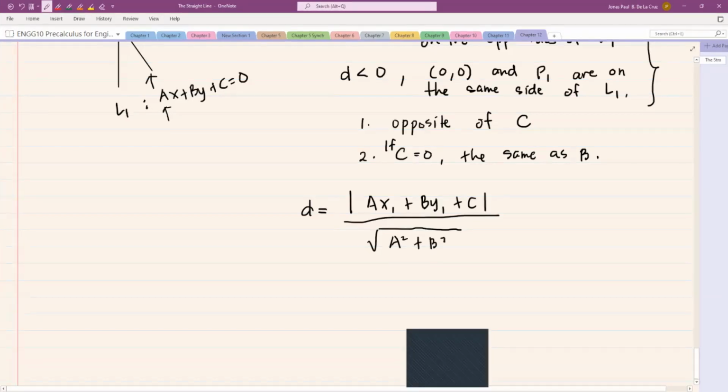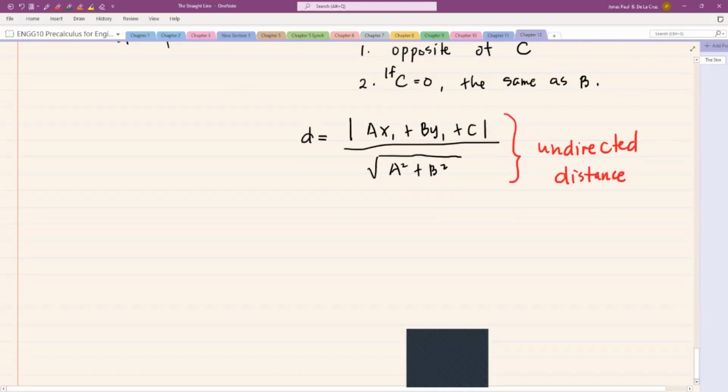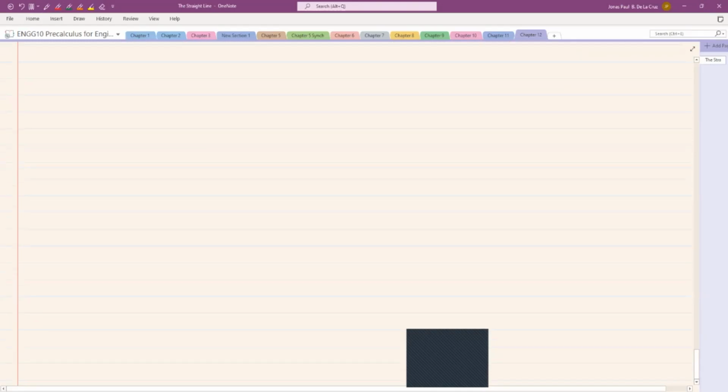This is surely positive. This is for the undirected distance. We use this if we do not mind the position of the point with respect to the origin, or with respect to the line.